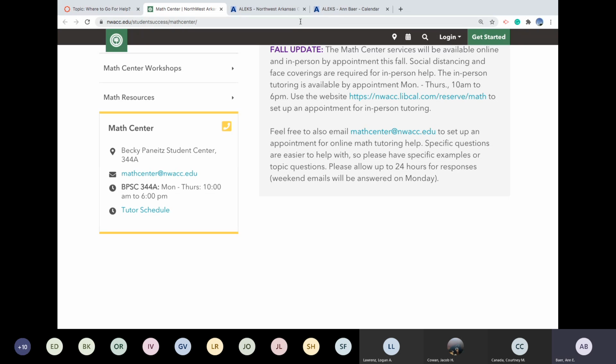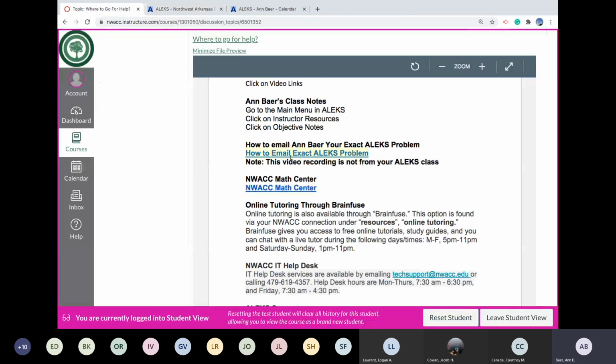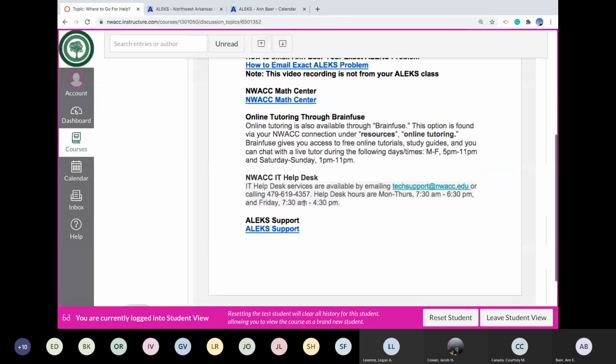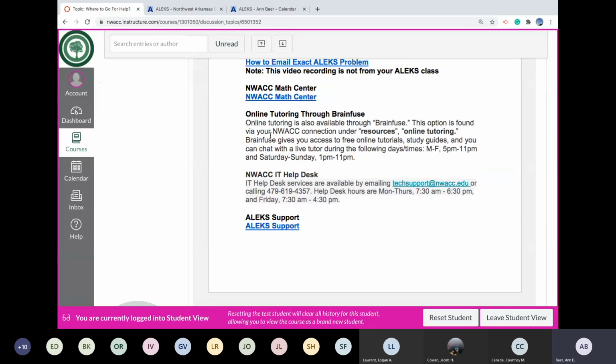So let's go back to Canvas, and let me clean up my screen as I go. I have had a few students use BrainFuse in the past. It's free. Online tutoring is also available through BrainFuse. This option is found via your NWAC connection under Resources, Online Tutoring.